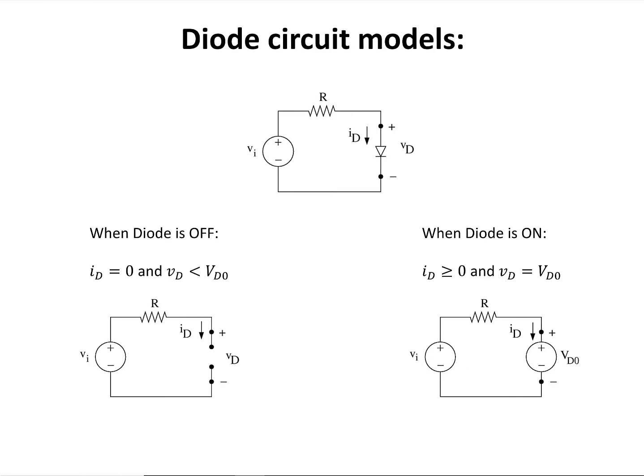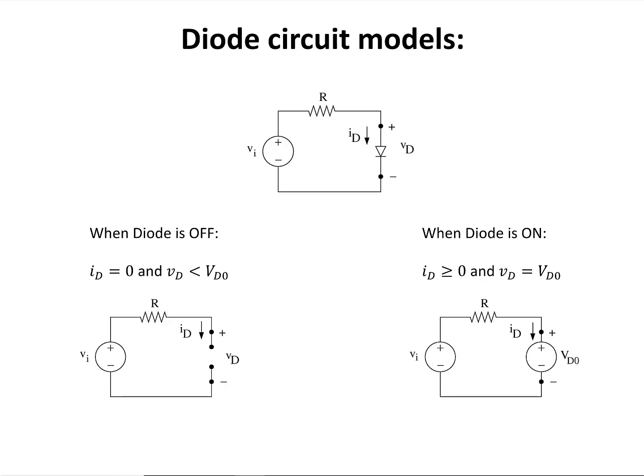Let's see how we can solve the diode circuits using the models that we derived and the piecewise linear equations that we calculated for two states of the diodes. One way to solve the diode circuit is to assume a state of a diode, either on or off, and then find the current or voltage across the diode and compare it with the equation related to that state.